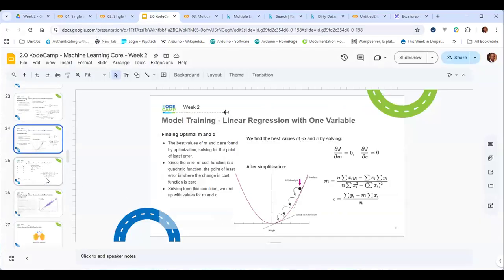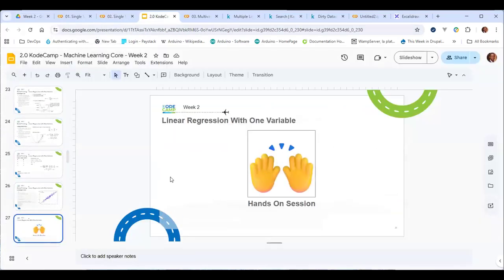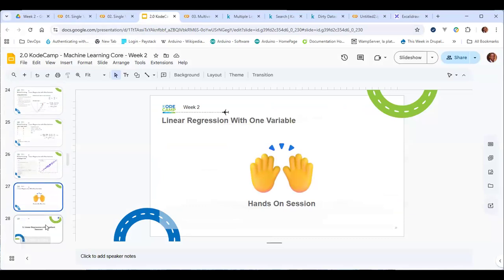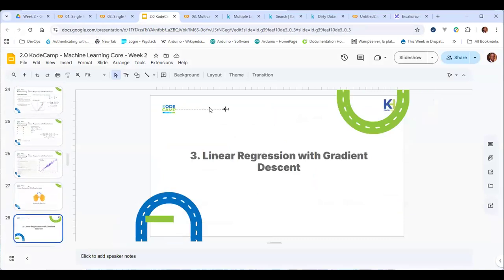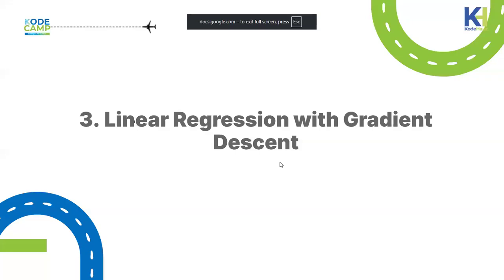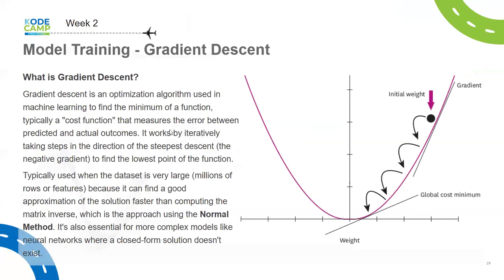So let's talk a little bit about gradient descent. So this is the hands-on for single variable. Let's just quickly talk about gradient descent. So what is gradient descent? Gradient descent is basically a method for you to solve and find the optimal point without using a mathematical equation.